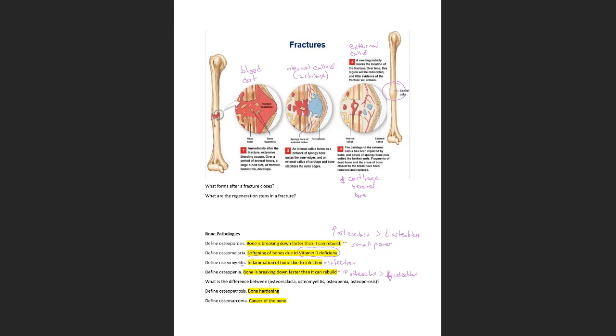Osteopenia is the first level. If that is left untreated, then we have the second level, which is osteoporosis.